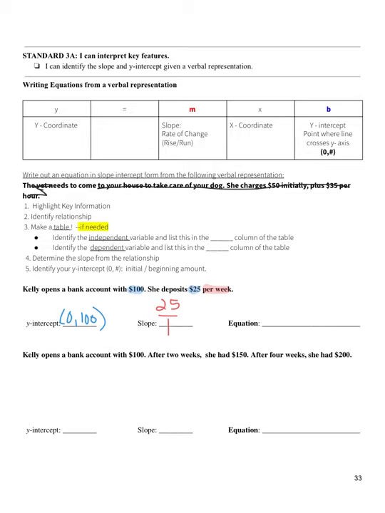And then my last thing is to set up my equation, and we know that the equation is y equals mx plus b. So now what we need to do is just put in our m and put in our b. So y stays the same. Y is equal to m, which is my slope, and my slope is 25 over 1.